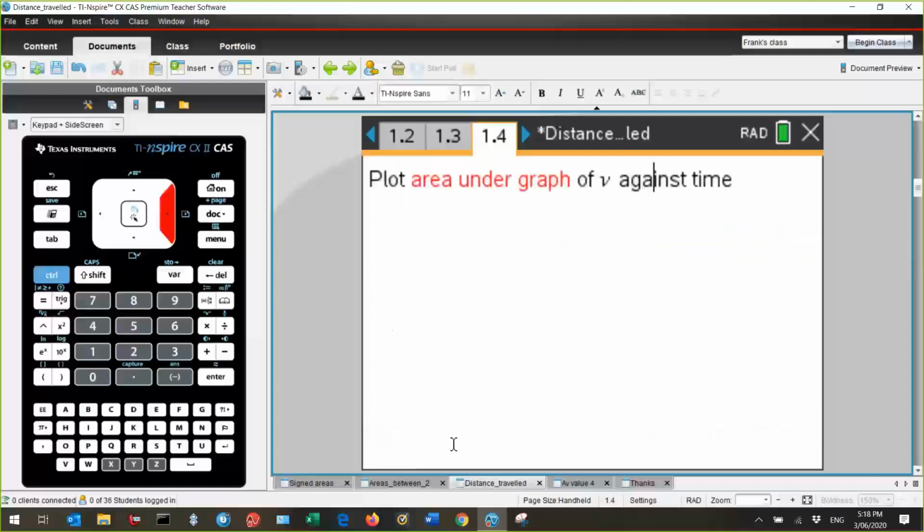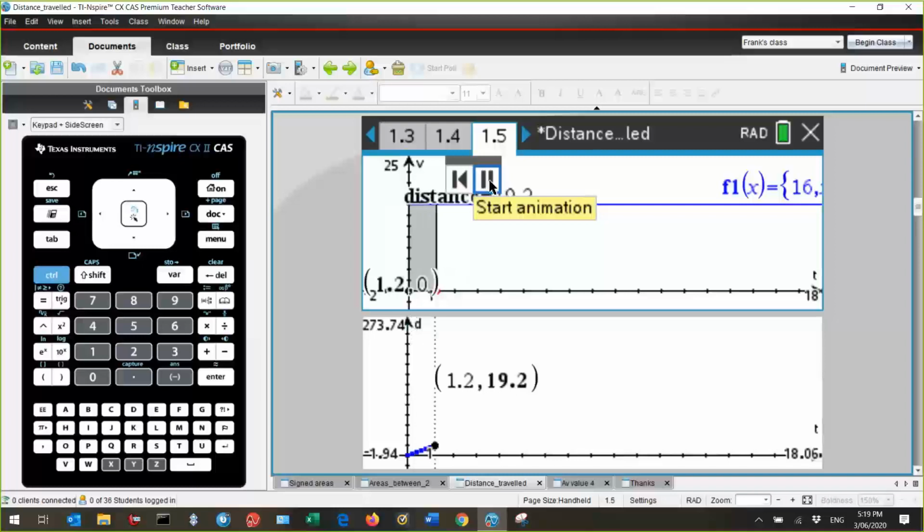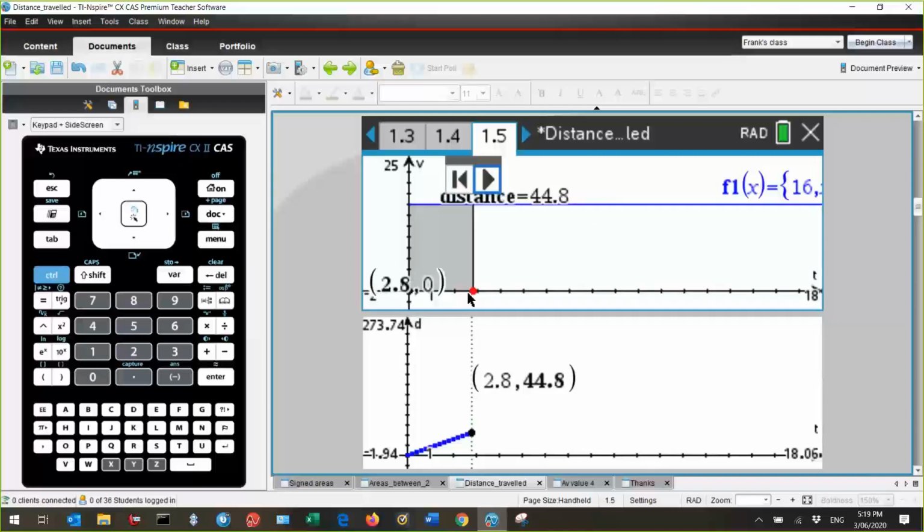So this time I'm going to plot the area under the graph against time. So I'll start the movement there. So in the top graph, I've got the area against the time, and here I'm graphing the area against time as a plot.